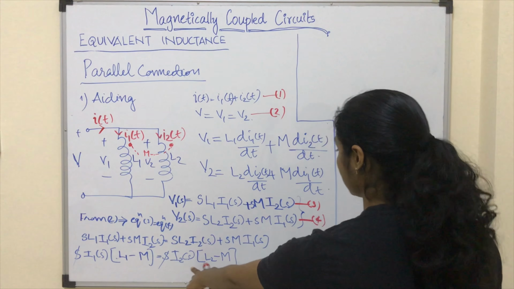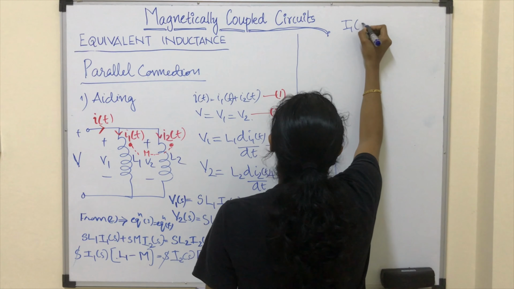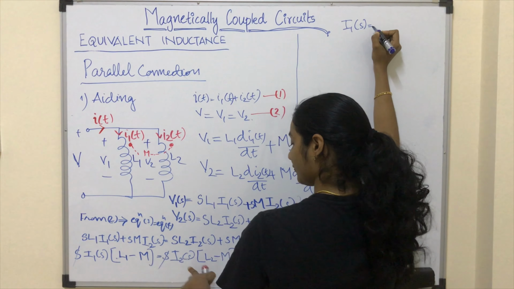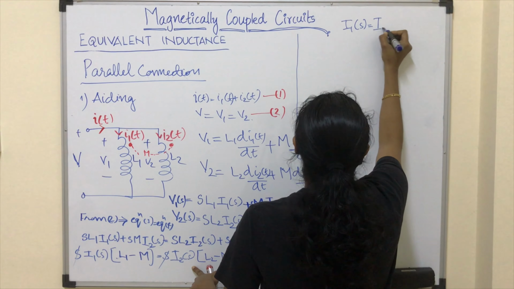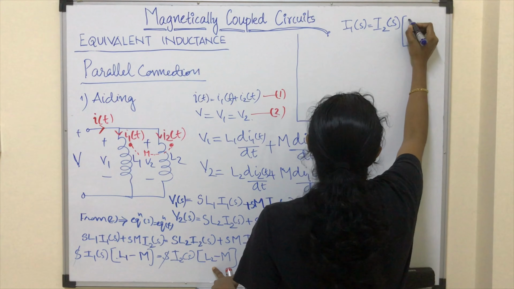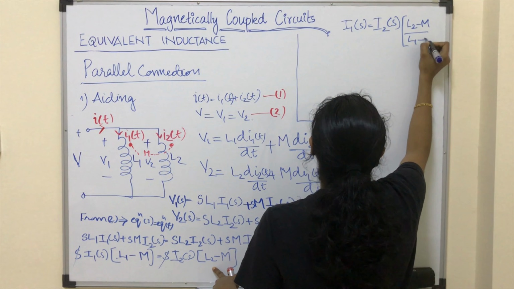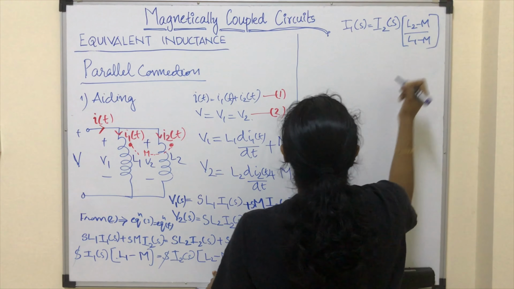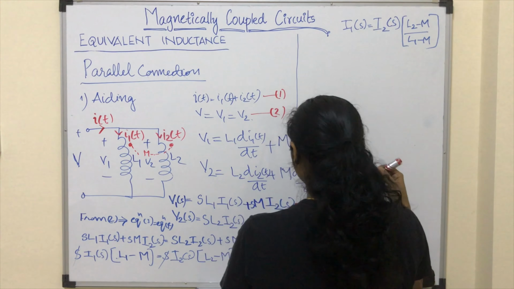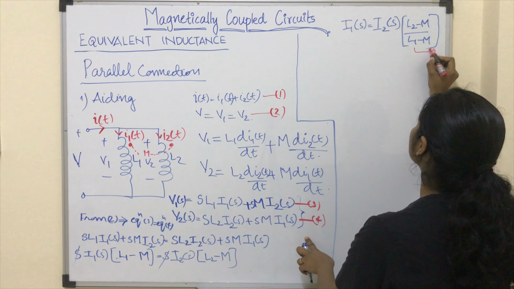From this equation we get I1 of S is equal to I2 of S into (L2 minus M) divided by (L1 minus M). Okay, let this be equation number 5.